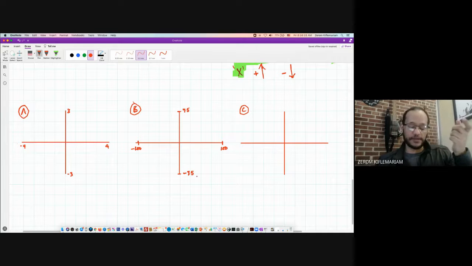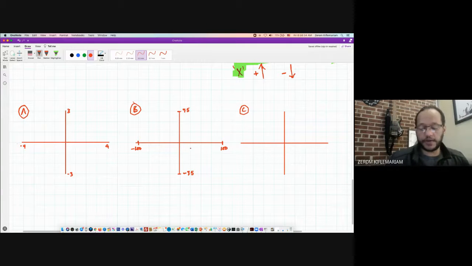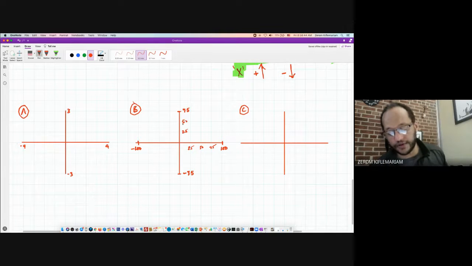Vertically, I see 75. So each grid automatically is represented by what? From here it's going to be 25, 50, 75, 100. Does that make sense? Over here would be 25, 50, and 75.